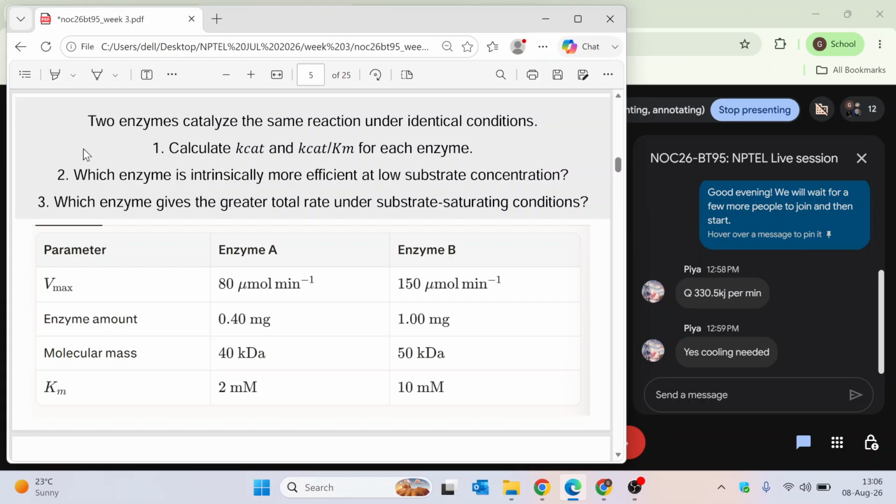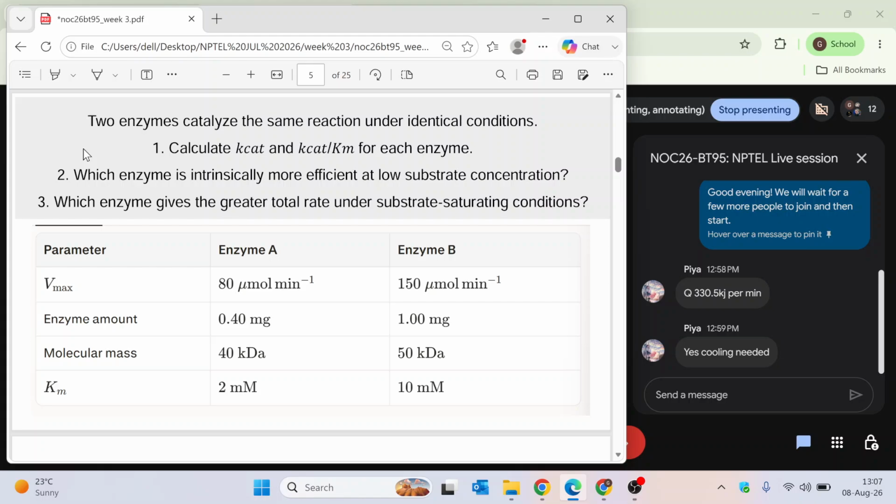Predominantly the reversible inhibitions that we know include competitive, non-competitive, and uncompetitive inhibitions. I hope you know the difference. We will also see some questions based on this and try to understand them. Apart from that, you have your substrate inhibition as well as the allosteric inhibition. So these are the different kinds of inhibitions that you can study.